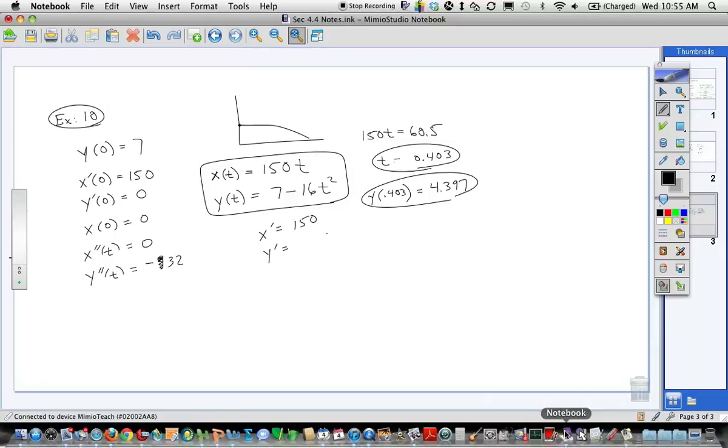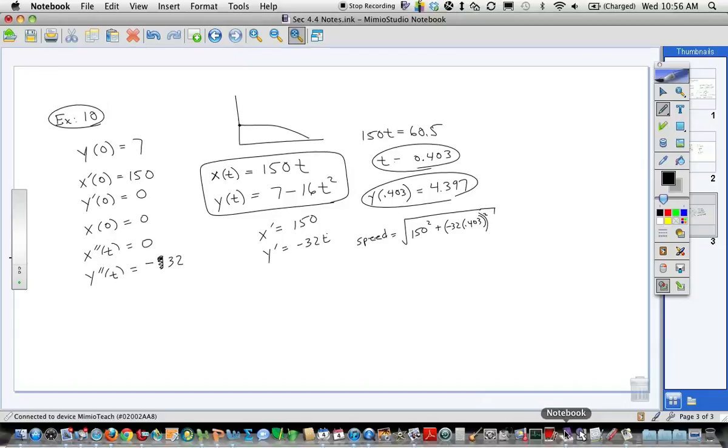Y prime is negative 32t, right? So the speed is x prime squared, don't even need to plug in anything, plus negative 32 times 0.403. Make sure you use an unrounded 0.403. Make sure you use more decimal places than just that. Okay? There'd be your speed.